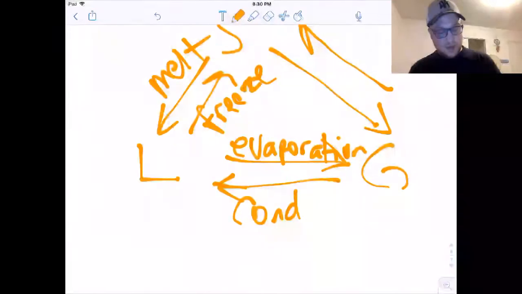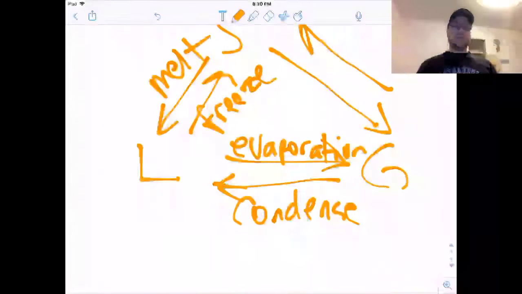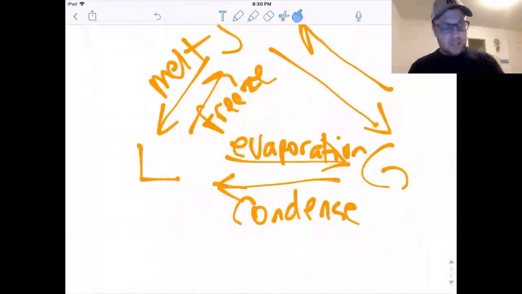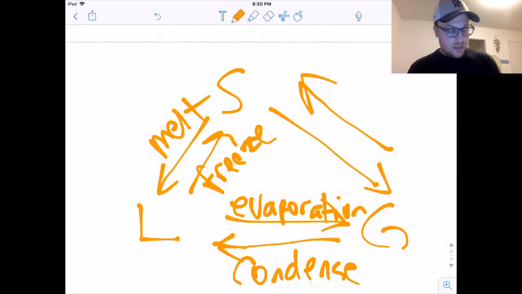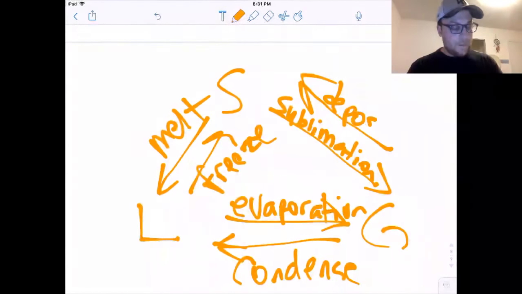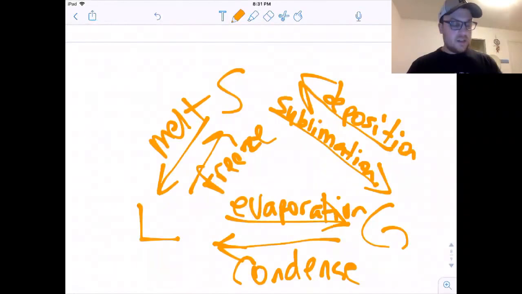And then a gas to a solid is called deposition. It deposits. You take a gas and you just take steam and you funnel it out into negative 100 degrees Celsius. It's just going to turn into a solid immediately. So it deposits as a solid. So these are all your physical changes. These occurring, that's a physical change.